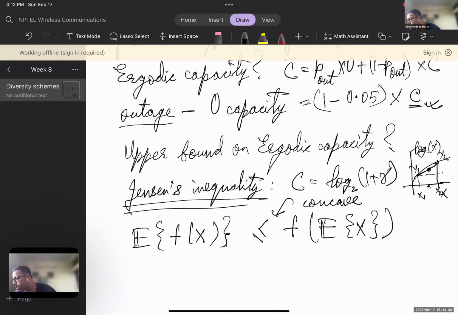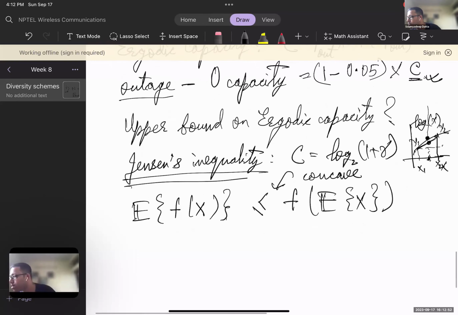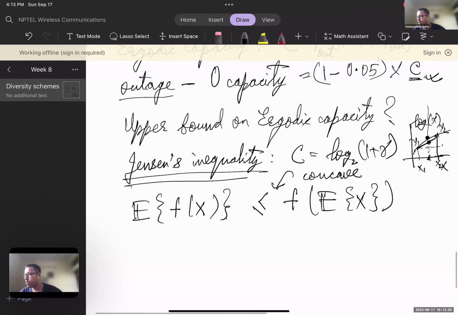While if I take the expectation of x, which is the middle point, x1 plus x2 by 2, then f of expectation of x comes above that y value. This is pictorial; I'm not getting into the proof, but the expectation of f of x, where x is a random variable, is less than or equal to f of expectation of x. This is the inequality that we'll be using.